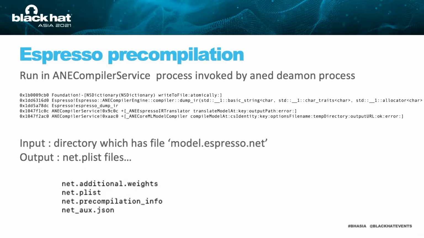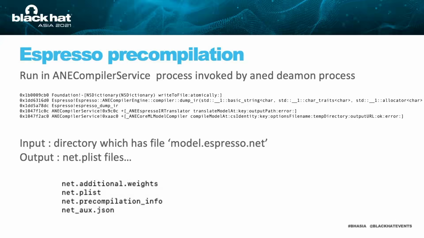If this ML model file needs to be executed by ANE, the app will communicate with the ANED daemon and provide file information under the ML model C folder. If the file has not been compiled by the ANE compiler, ANED will invoke the ANE compiler service process to start compiling.